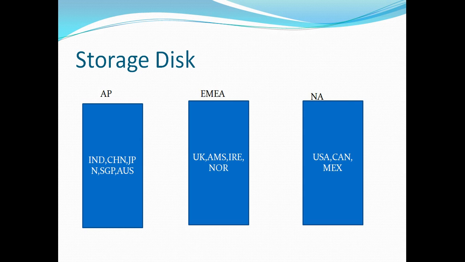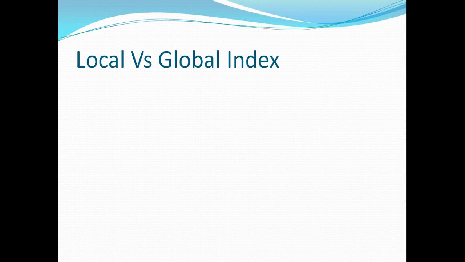Now we have discussed that indexes still go along well with partitioned tables. Let's see what the types of index are and what type of index should be created in what cases. So we have two types of index, local and global index.